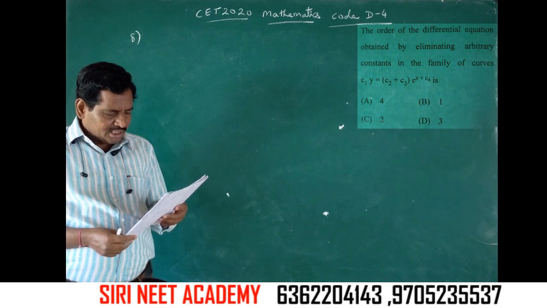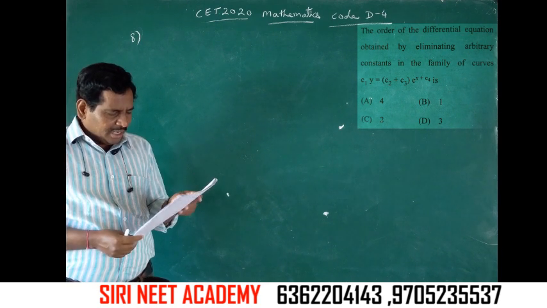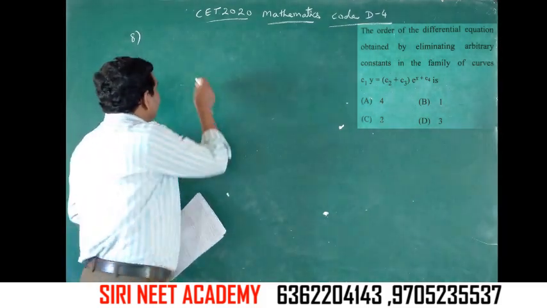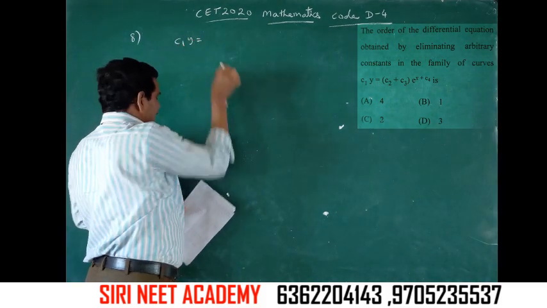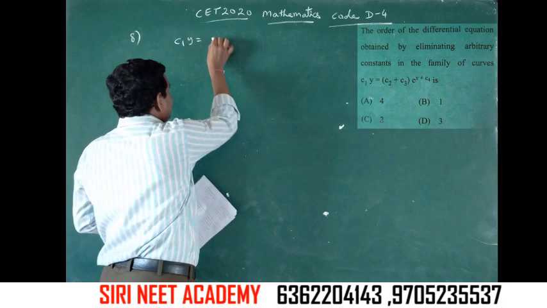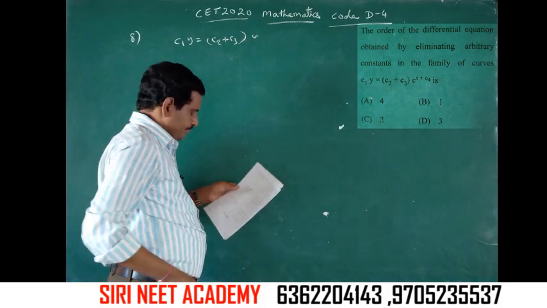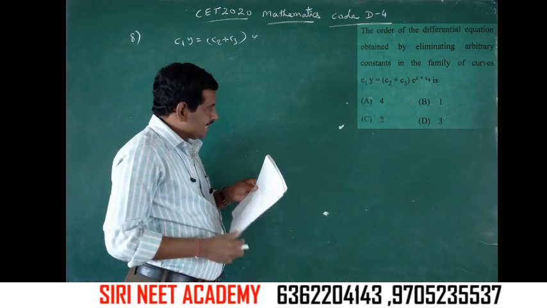Question number 8. The order of the differential equation obtained by eliminating the arbitrary constants in the family of curves C1 into y is equal to C2 plus C3 into e to the power x plus C4.